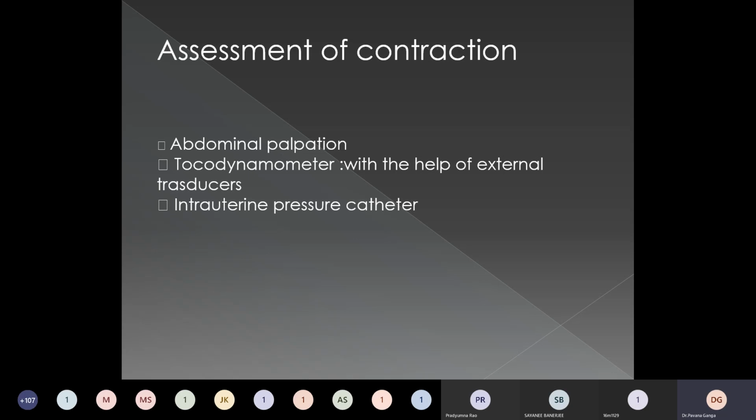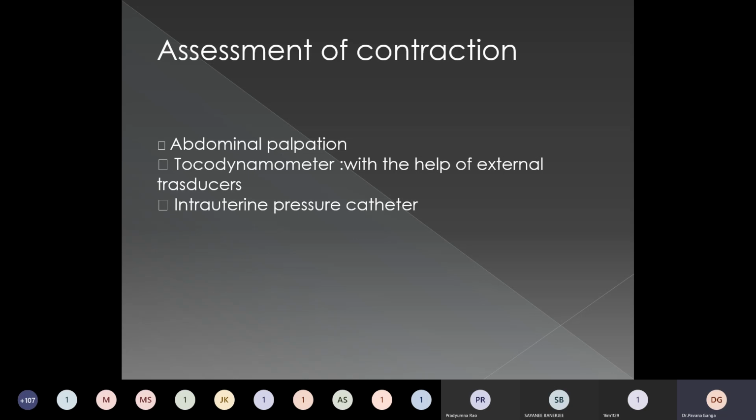Then the second thing is you can also measure the pressure by using a tocodynamometer. Tocodynamometer is an external transducer. I think all of you would have seen the NST machine where you have a tocodynamometer and one more transducer which will measure the fetal heart rate.